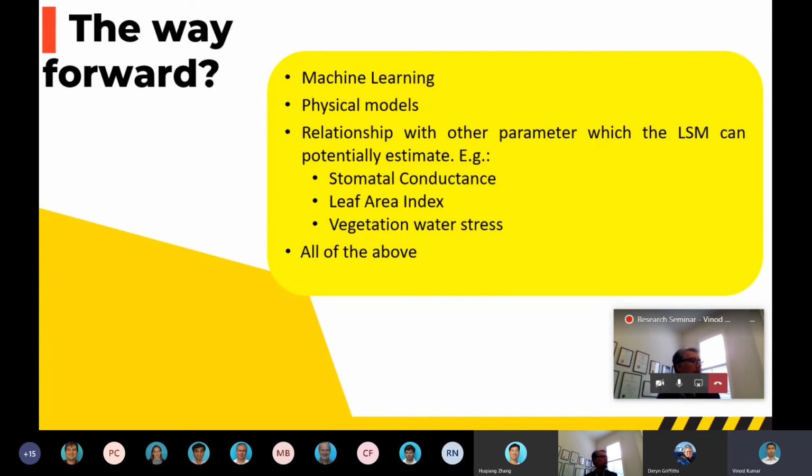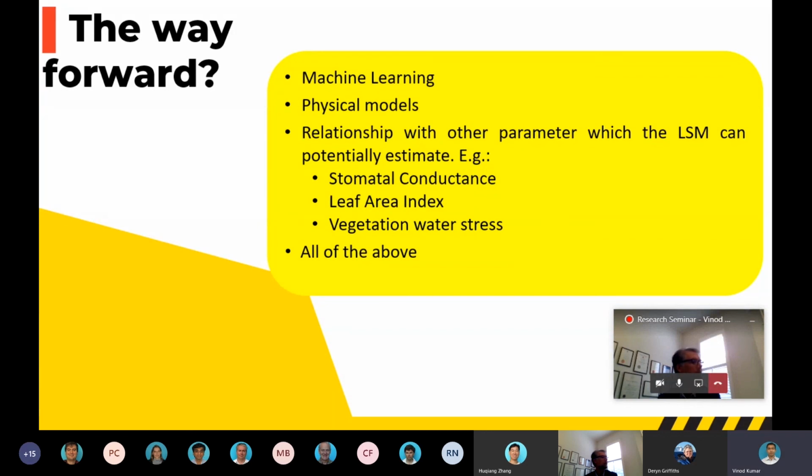I think one of the key motivations to use land surface model products is that you could derive live fuel moisture content data which has much higher sampling density, and also you could use it as a predictive tool, because these are readily available from, for example, hydrological models or land surface models.